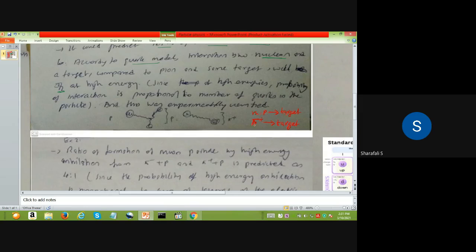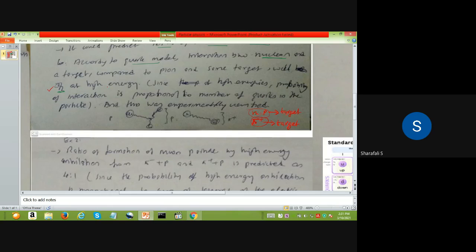Now, if you consider the probability of this interaction, in the first case the neutron or proton is interacting with the target, and in the second case the pion is interacting with the target. The ratio of those probabilities will be 3/2. Why?